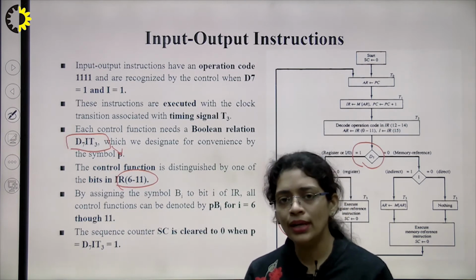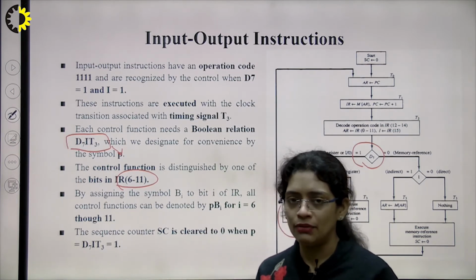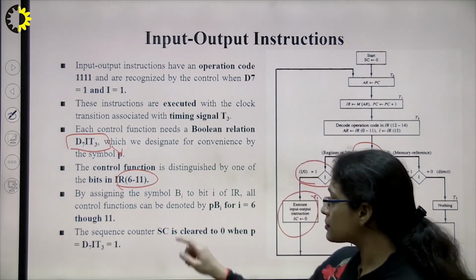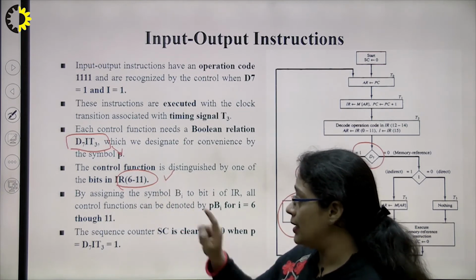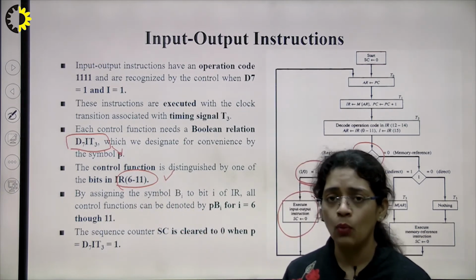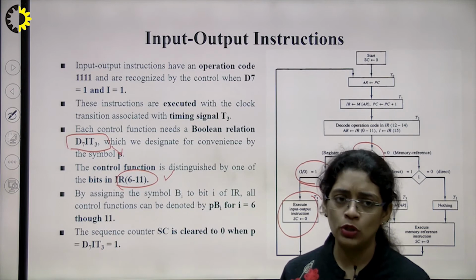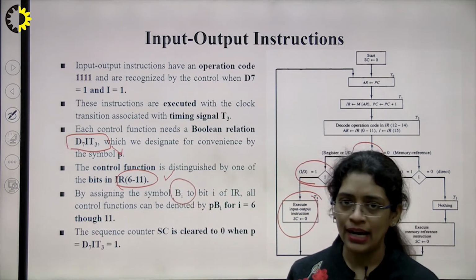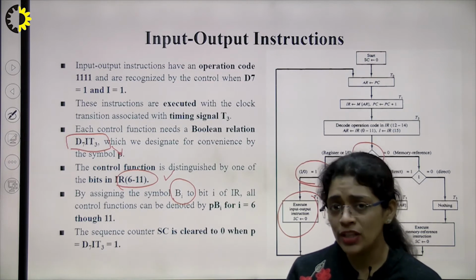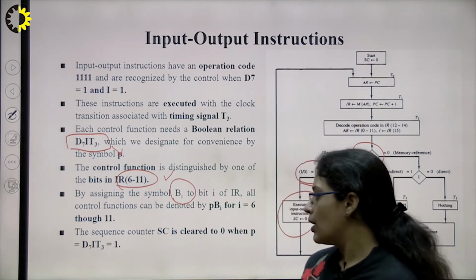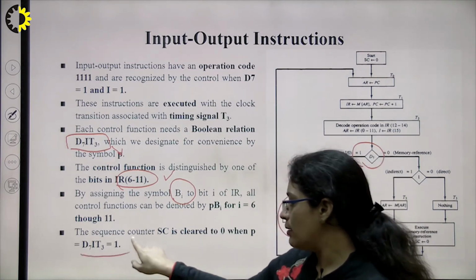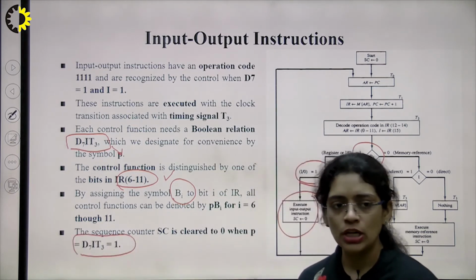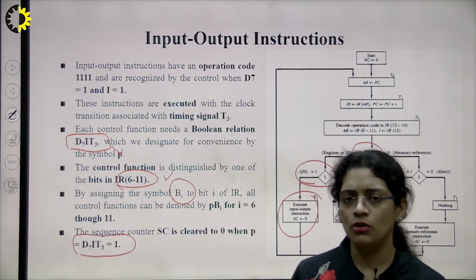That bit will be used to identify what kind of input output operation we want to perform, taken as BI, to find out which bit is 1. When we are done with the operation, we will clear the sequence counter to 0.